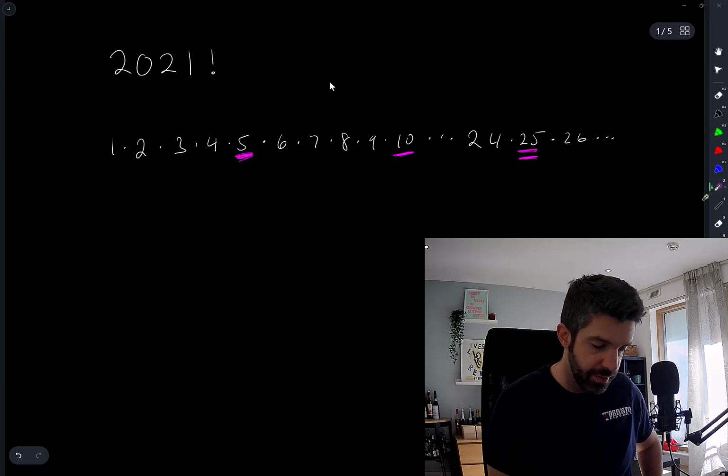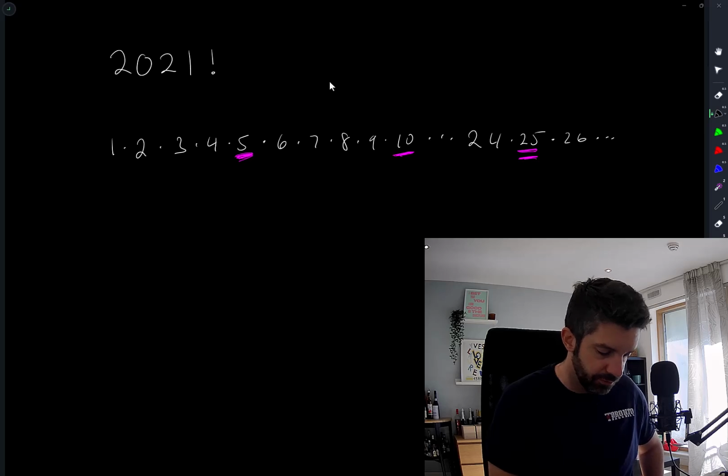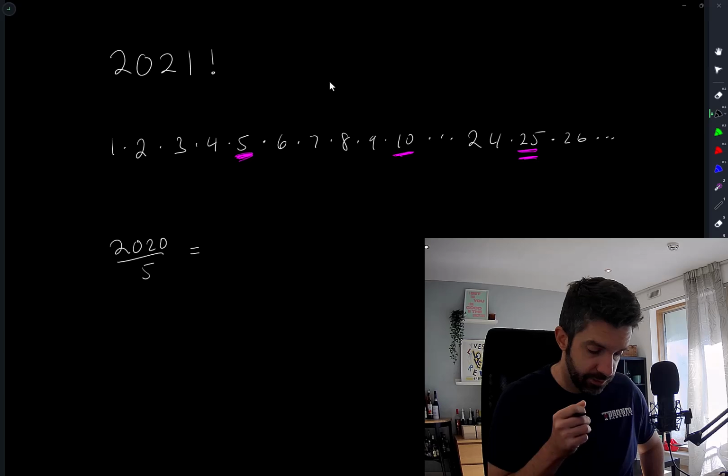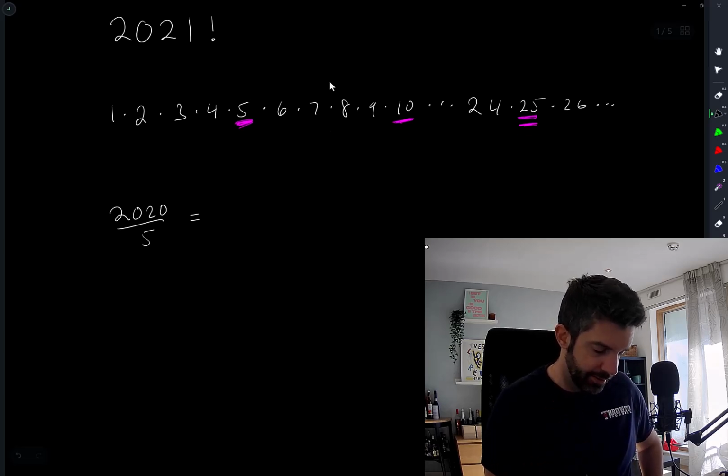Well, 2021 of course does not have any multiples of 5s. But if we count the numbers from 1 up to 2020, the number of times we hit a multiple of 5 is going to be 2020 divided by 5, which is 404.